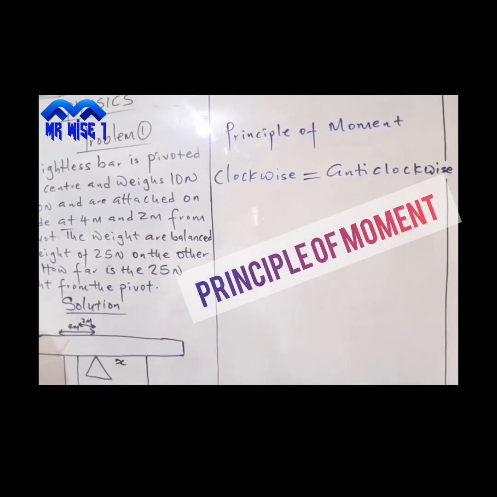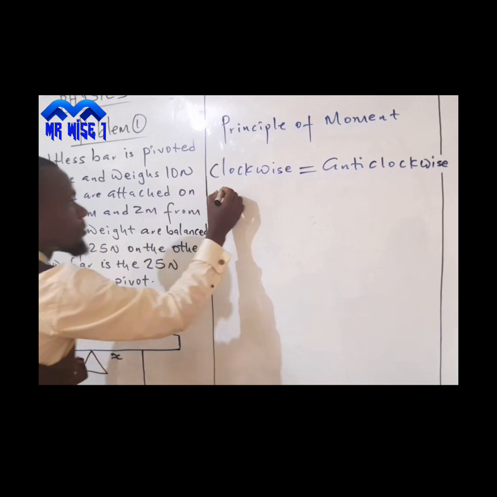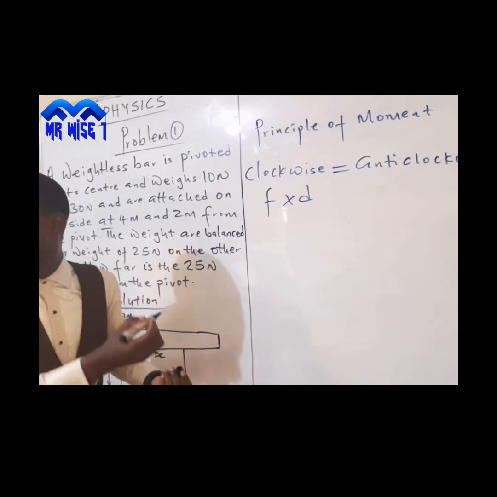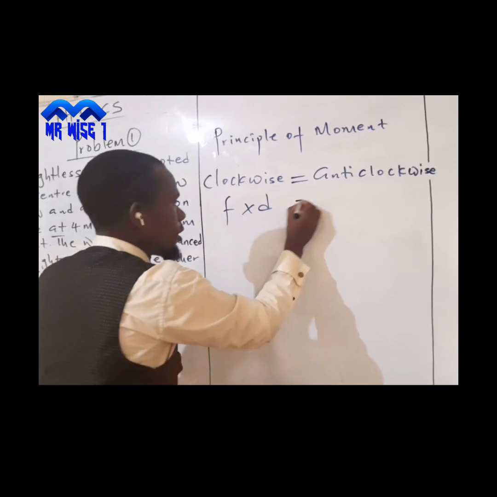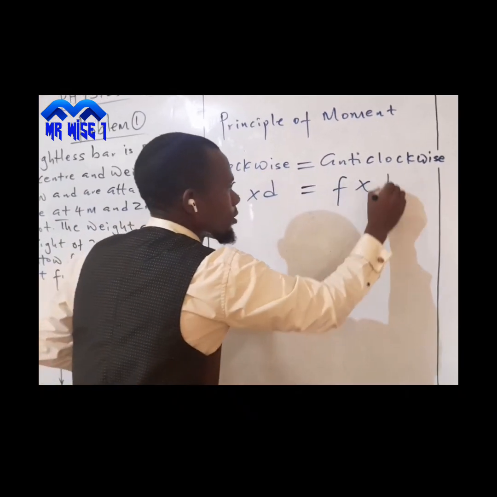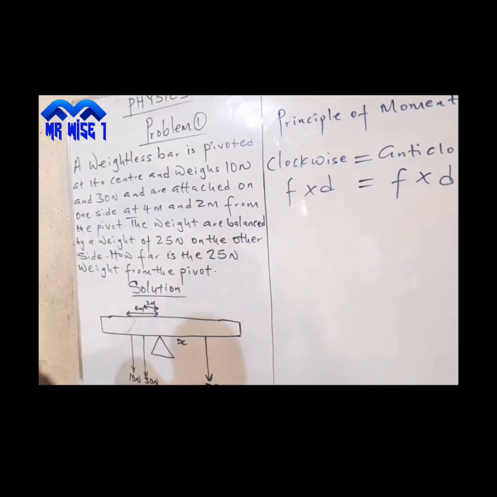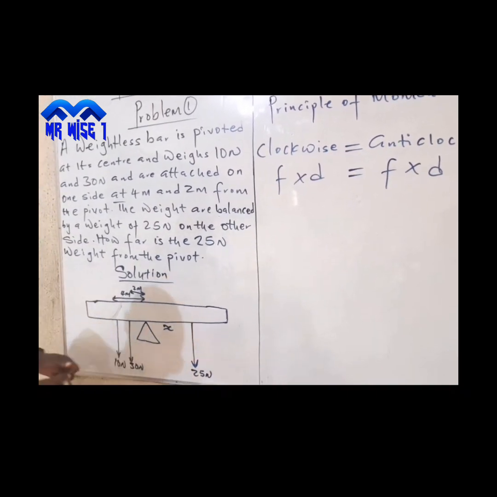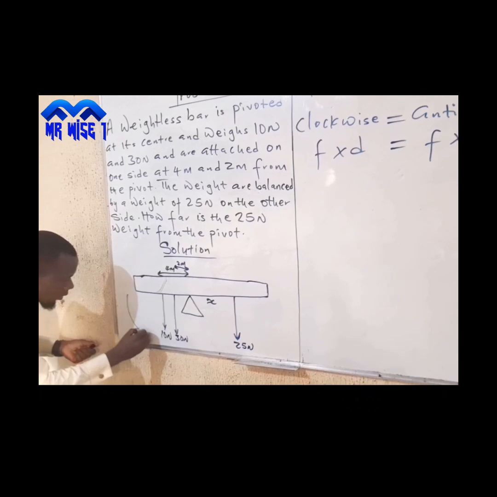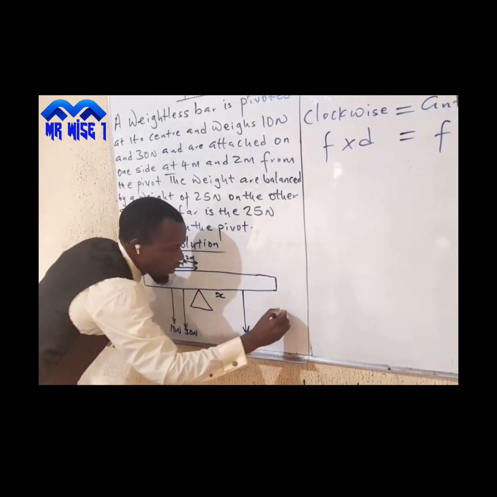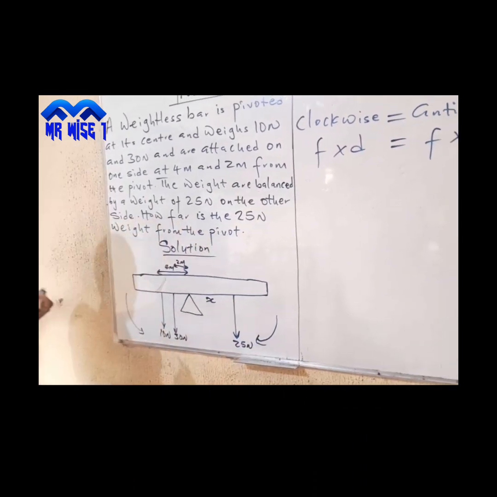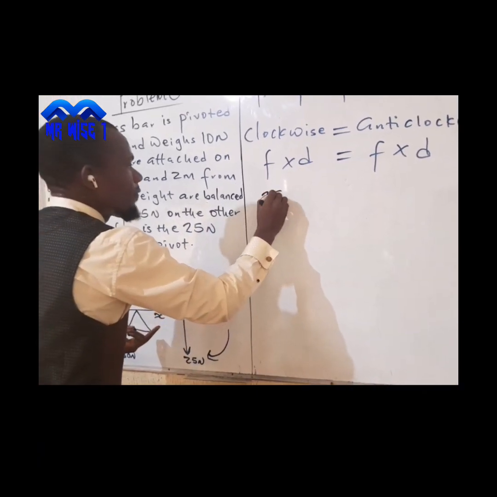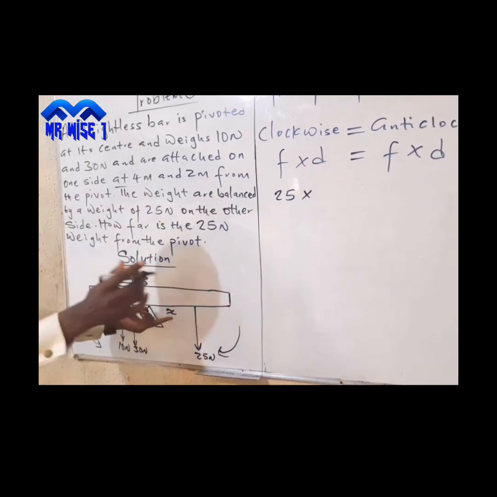The clockwise moment is force times distance, and the anti-clockwise moment is also force times distance. So this is anti-clockwise, and this is the clockwise moment.